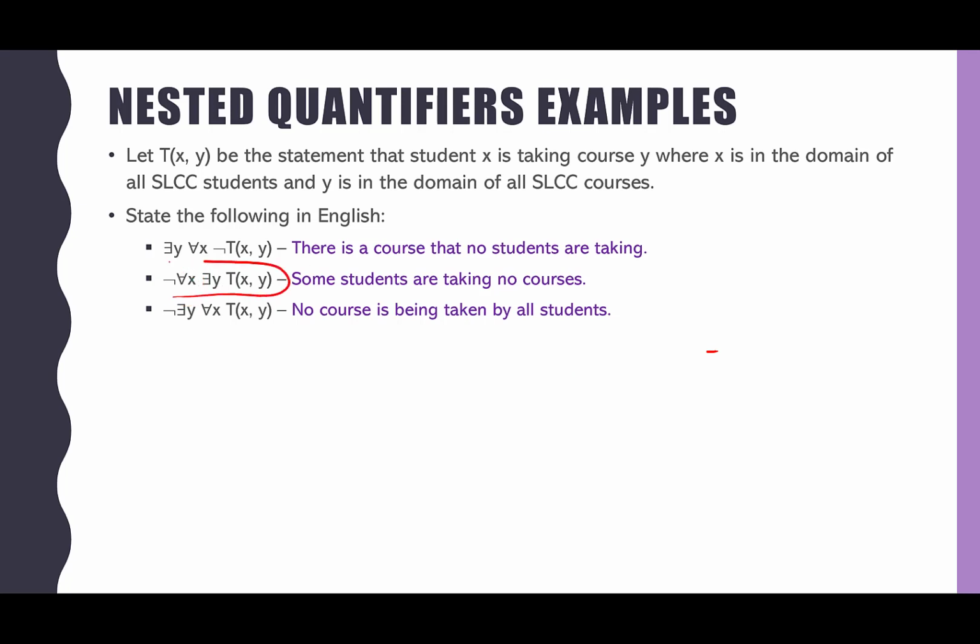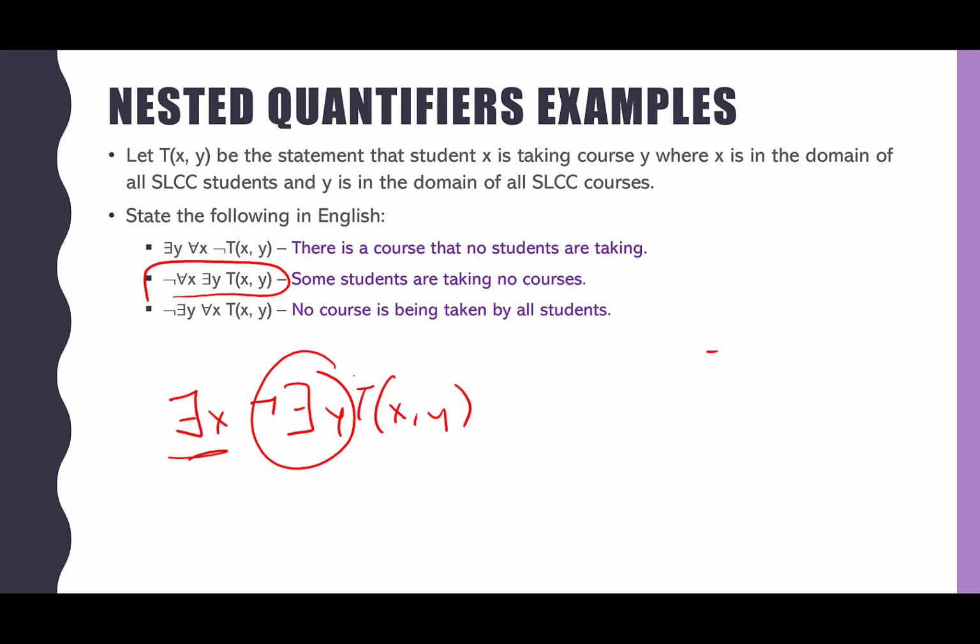So I could De Morgan this, and it would become this, T of xy. Sorry. Yeah, that would be right. So this is saying there exists some student such that there is not a course that they're taking. Which is what this is saying, yes.